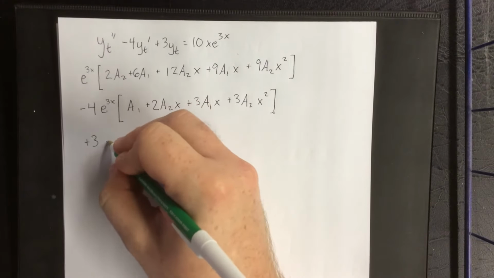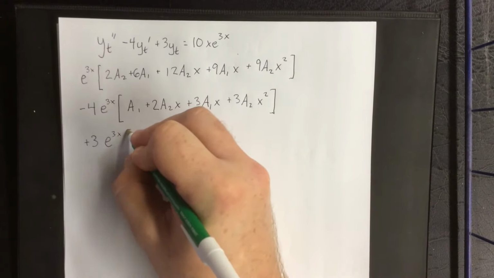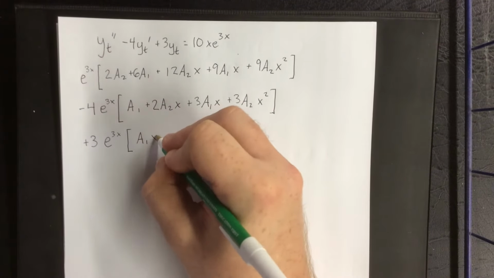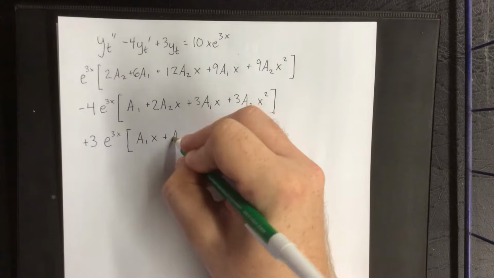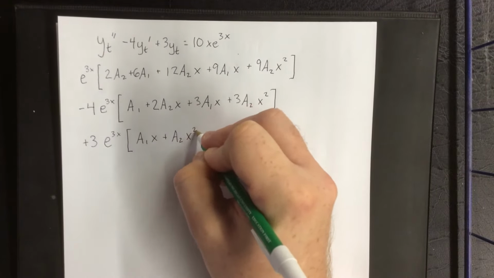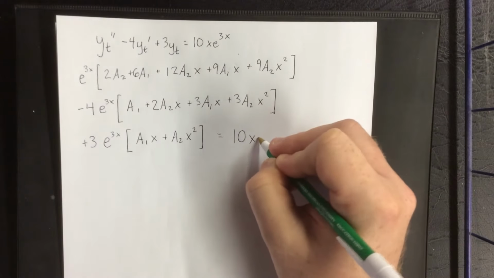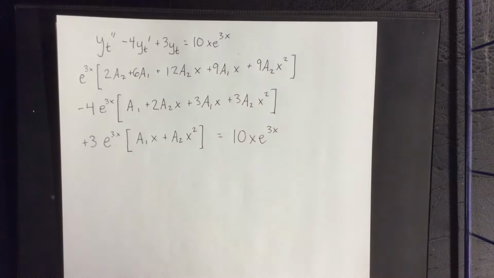I'll just go ahead and factor out the e to the 3x from that as well, just for the sake of consistency. We'll have a1x plus a2x squared. This all is equal to what we had on the right-hand side, 10x e to the 3x.